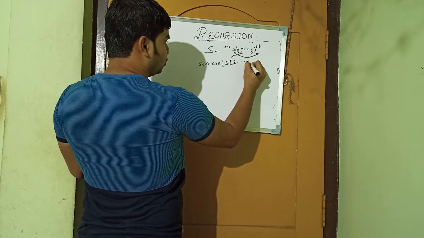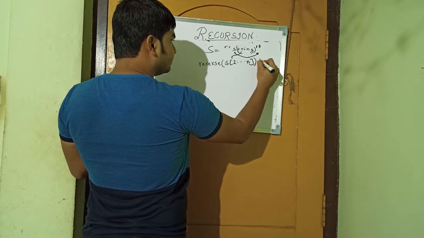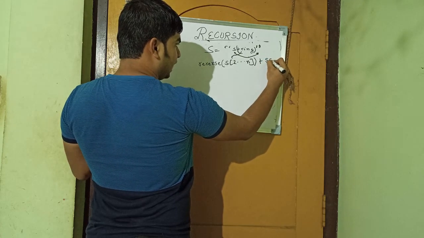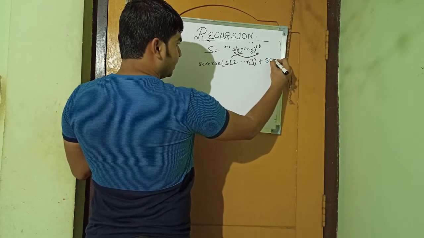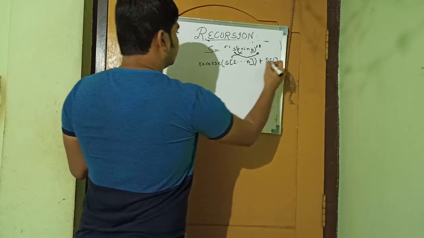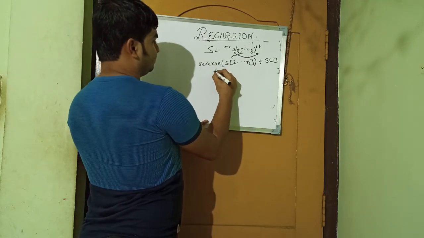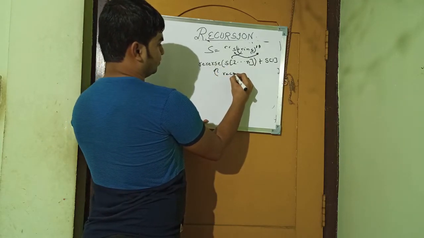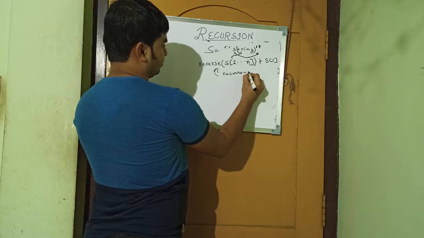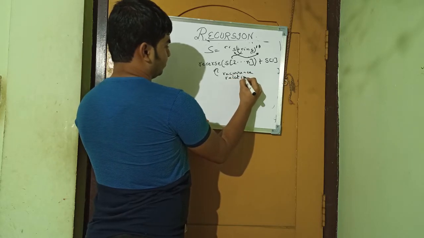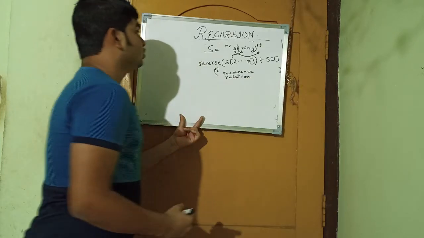We can slice it from 2 to n, then we add the first position, s of 1, to the last position. So this is our recurrence relation.